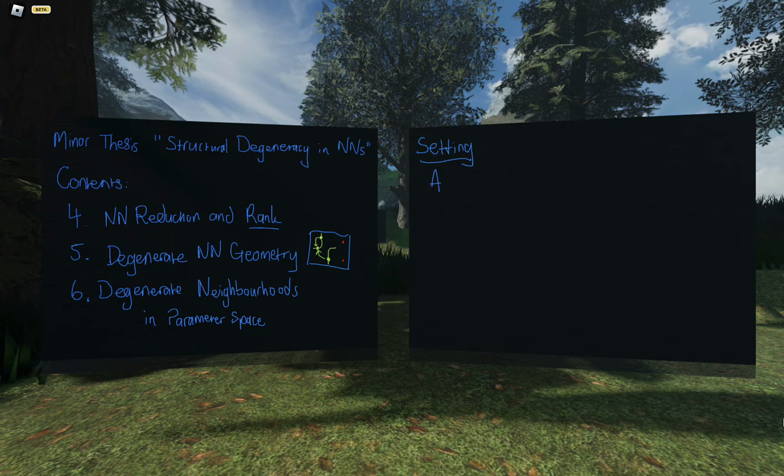So a neural network parameter. Actually, I'll start with a neural network architecture, which is basically going to focus on just a number of hidden units.